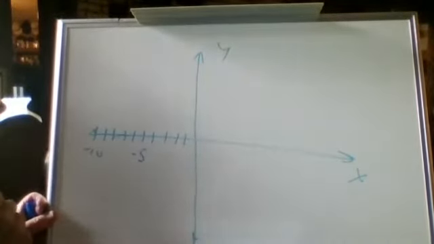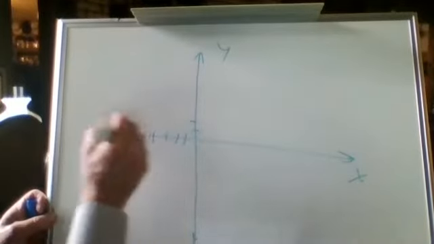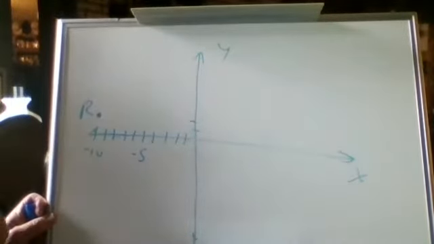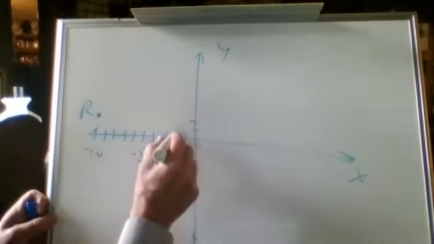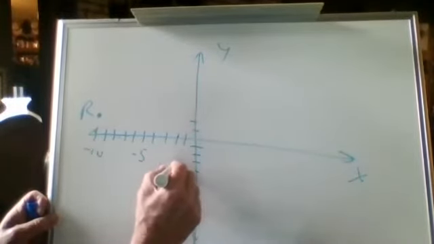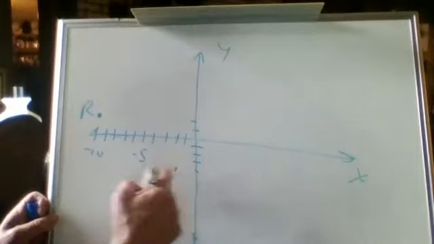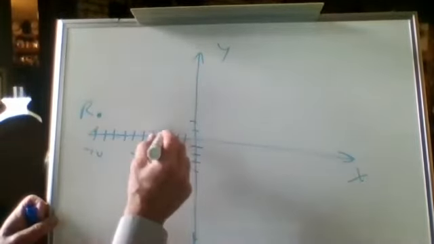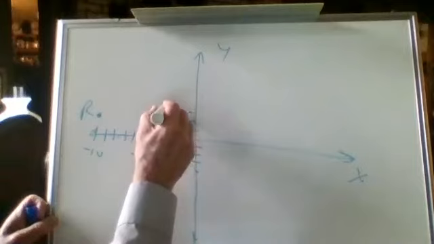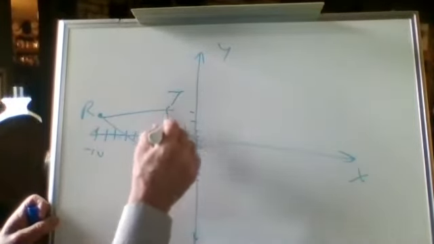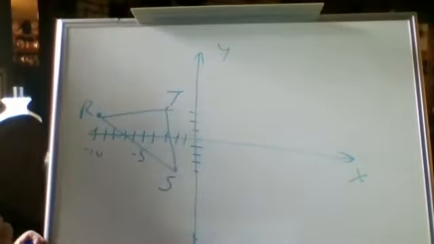So point R is right here someplace. Point S is negative 2 and negative 4, so point S is down here someplace. And point T is negative 3 and 3. So something like that, okay?